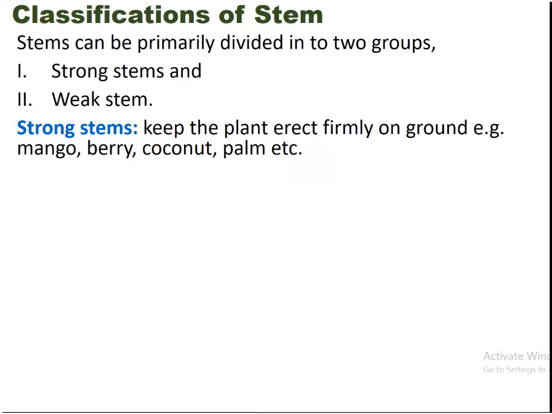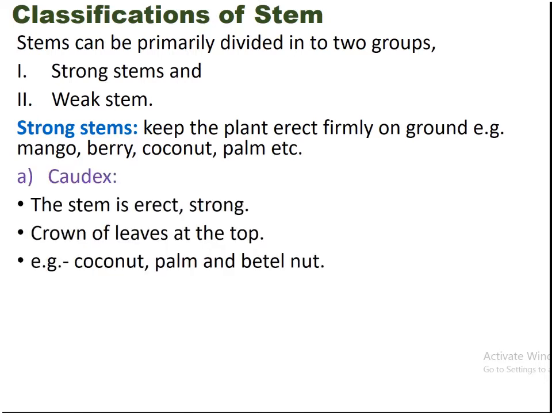So we can classify this strong stem into two types. One is the caudex, and another one is the branched stem. The first one, the caudex: these stems are very strong, very thick, and they keep the tree erect.